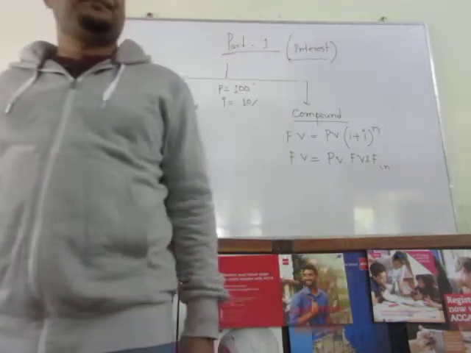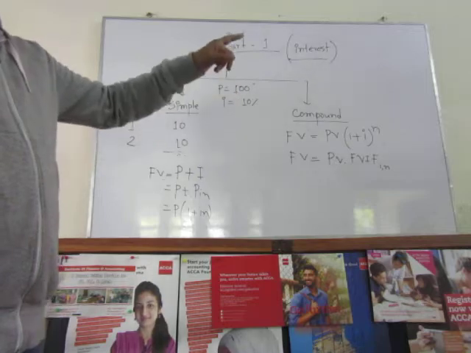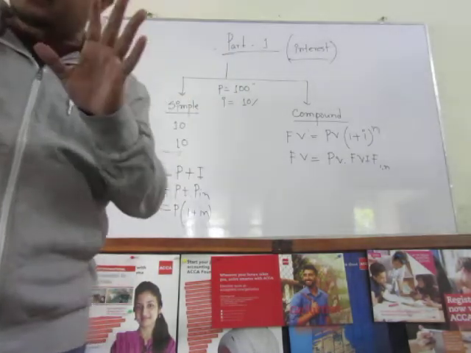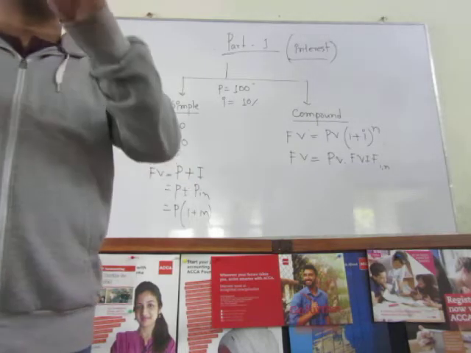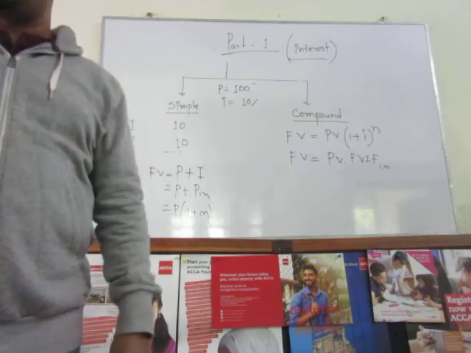For example, you have invested $100 into an account. The account will provide you 10% interest compounded annually. What will be your future amount after 2 years from now? The example is just like this.